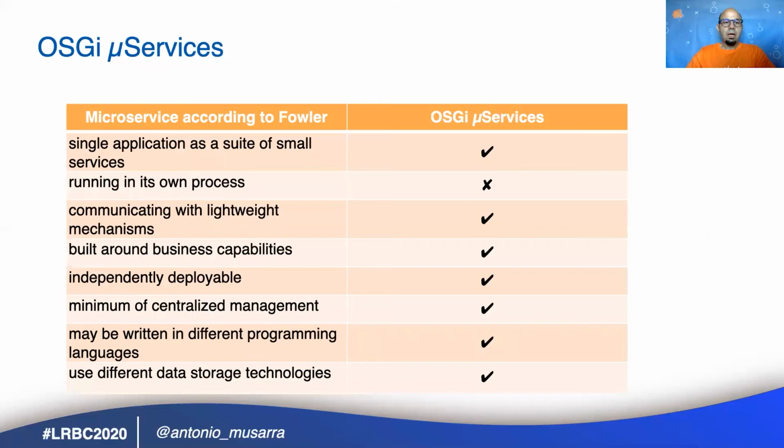Well, this table shows the relationship between microservices according to Fowler and OSGi microservices. As you can see, the difference is that each microservice is running in its own process. Remember that OSGi microservices are in a VM process.